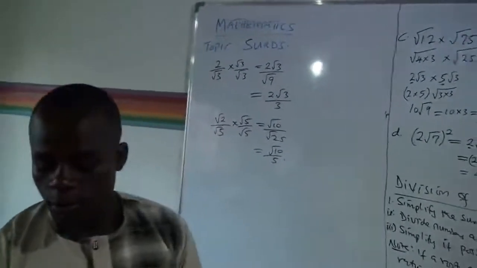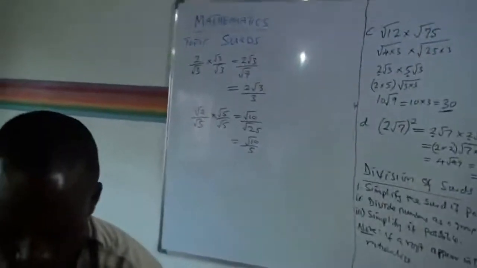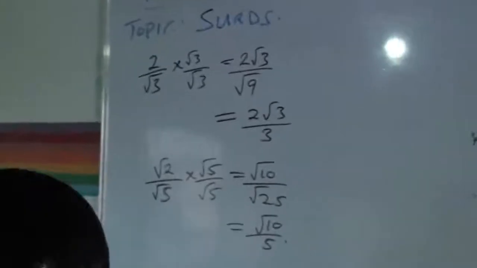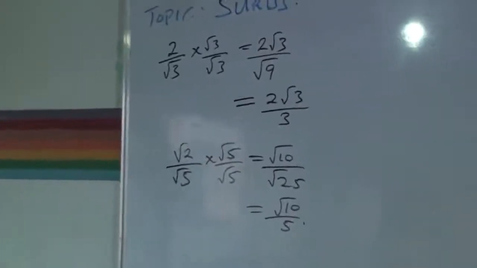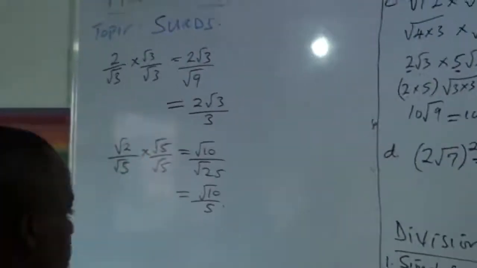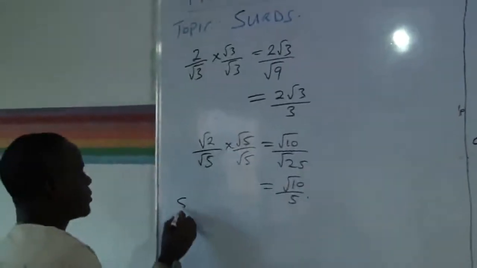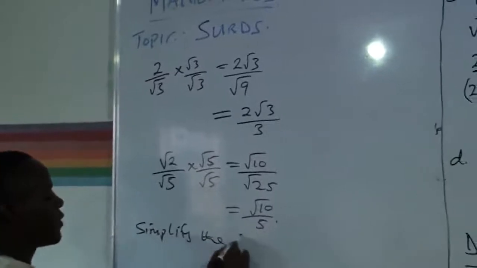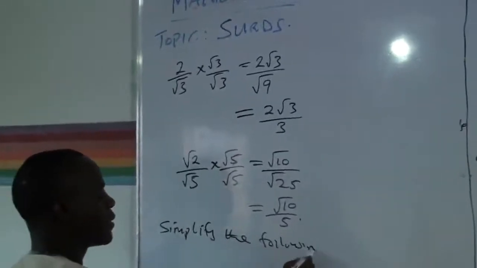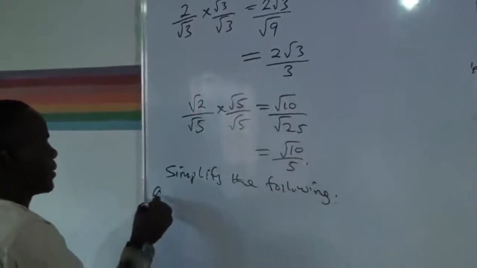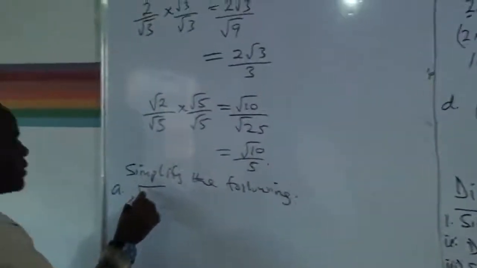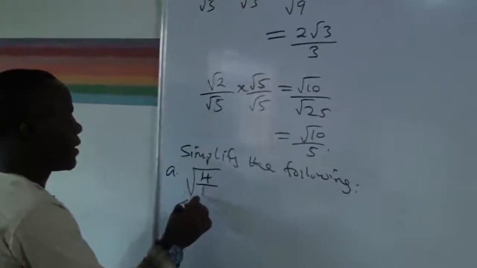So we'll pick some examples and then see how we can simplify. Example, simplify the following. A, let's say I have root 4 over 16.